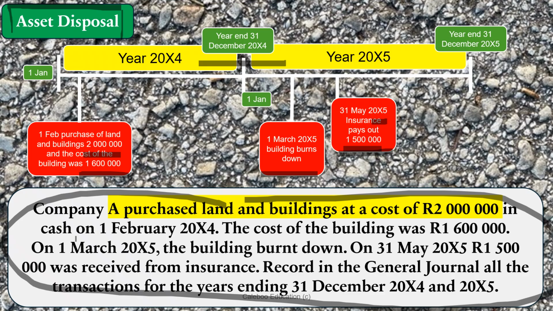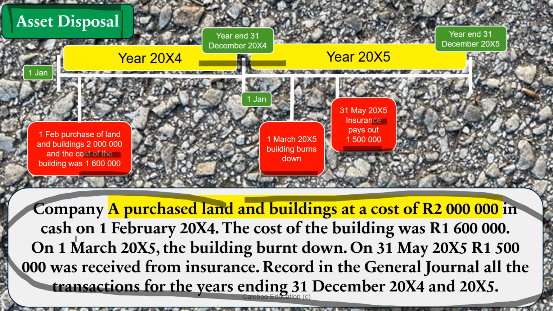Like I said, this is slightly different to a sale of a non-current asset. This year, a non-current asset, land and buildings, burns down, and insurance pays out 1.5 million in this case for the building that was burnt down.